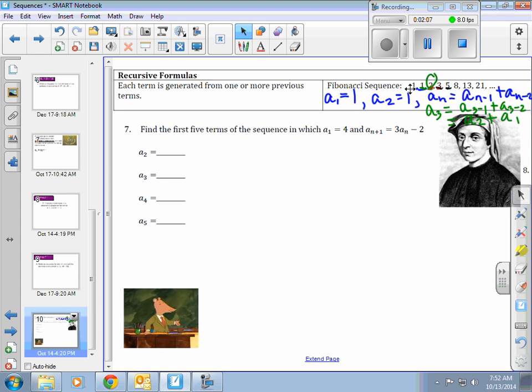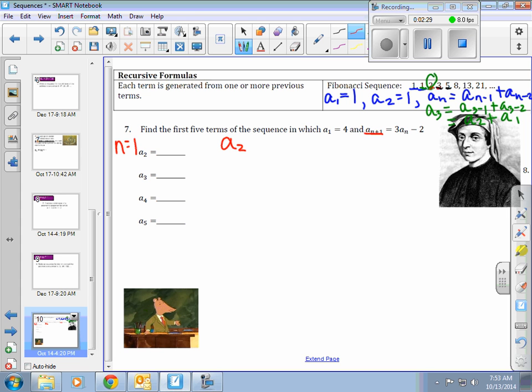Example 7 says find the first 5 terms of the sequence in which a sub 1 equals 4 and a sub n plus 1 equals 3 times a sub n minus 2. Notice that if I want a sub 2, n has to equal 1.